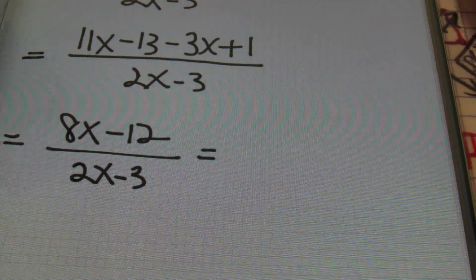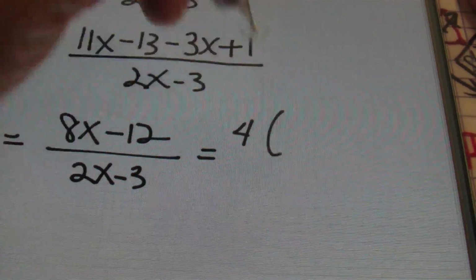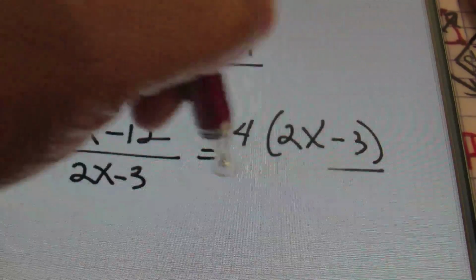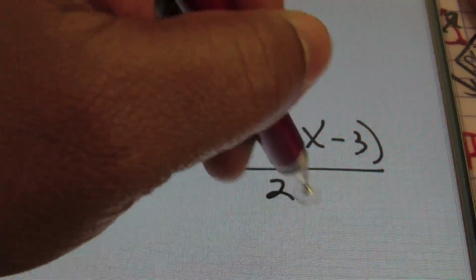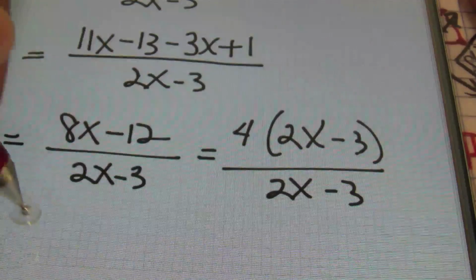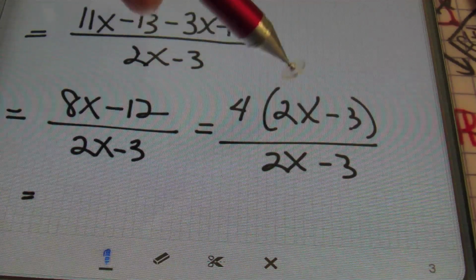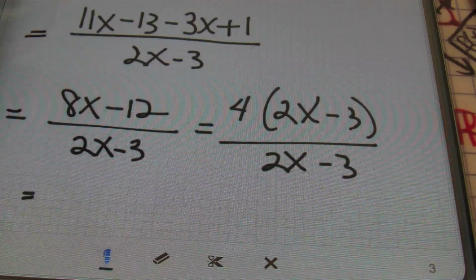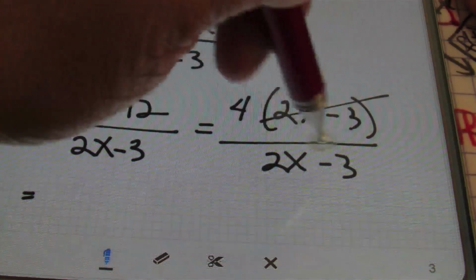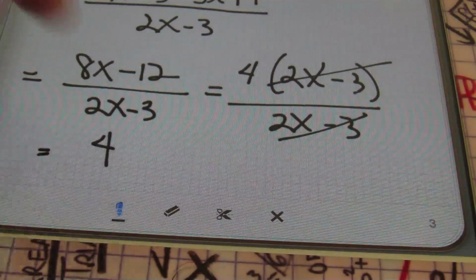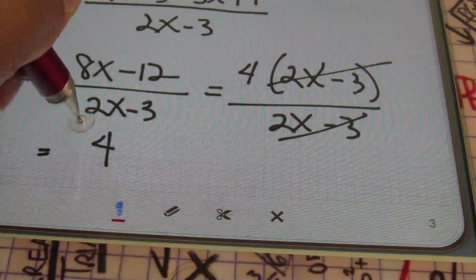So factoring out 4, I'll end up with 4 times 2x minus 3 all over my common denominator, which is that 2x minus 3. From here, notice that I have a common factor in the numerator and the denominator. That 2x minus 3 will end up canceling out. So your end result will just be 4. And that's the answer. Done.